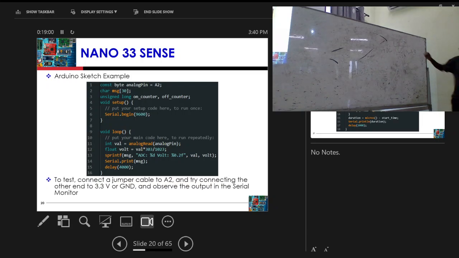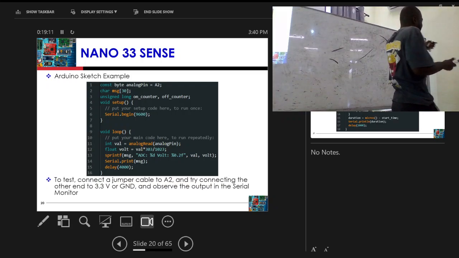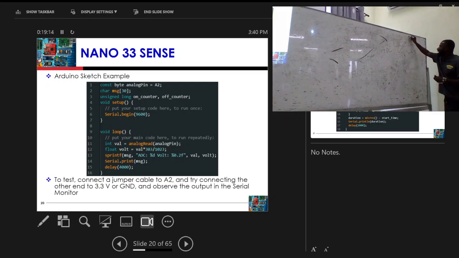Analog signals are like this. Something like this is a form of an analog signal, right? And once we're talking about voltage, it means that I can read from 0 to 3.3, for the Arduino board.